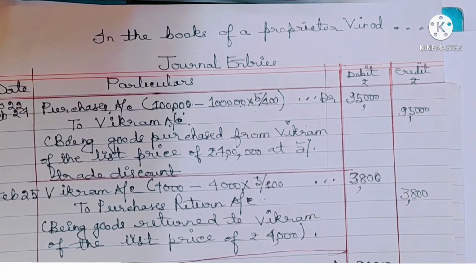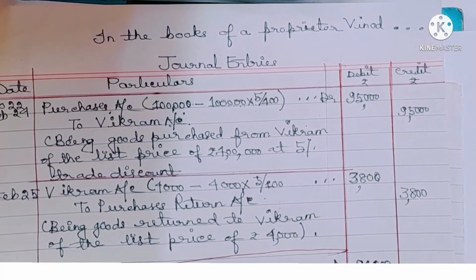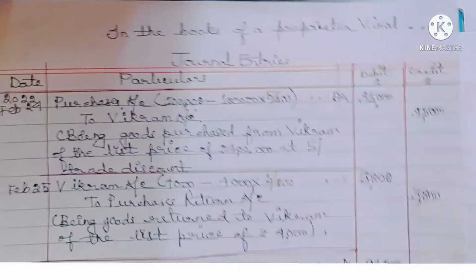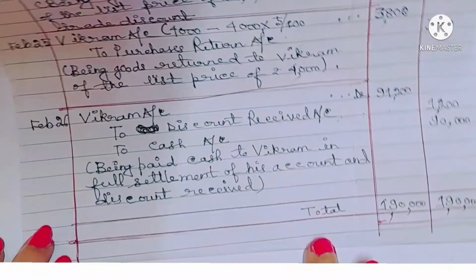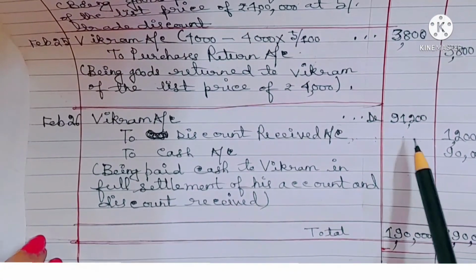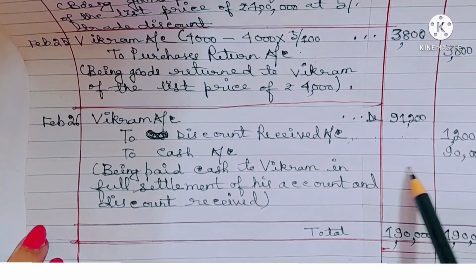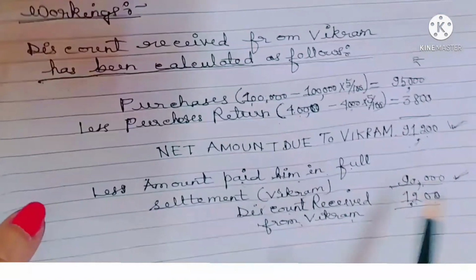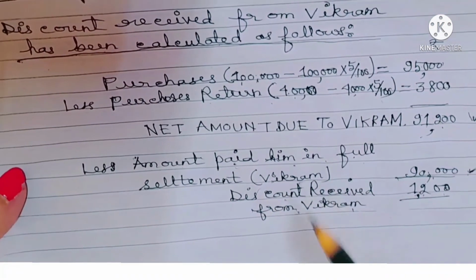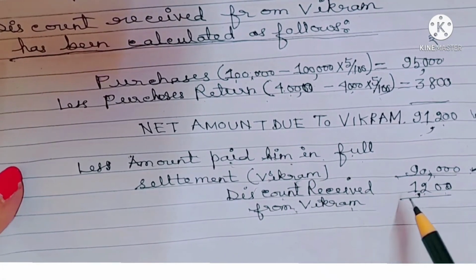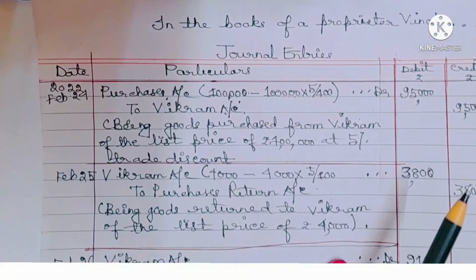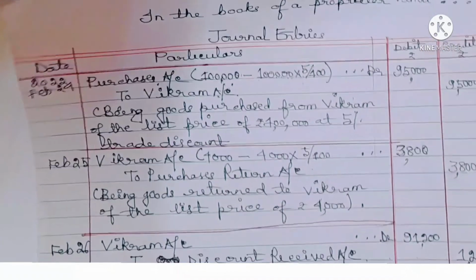On the credit side, 1,90,000. See, your journal is ready. And you have got to show the calculation also below the journal. I hope you understood. It's clear?